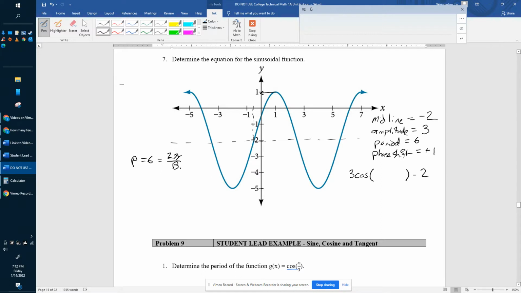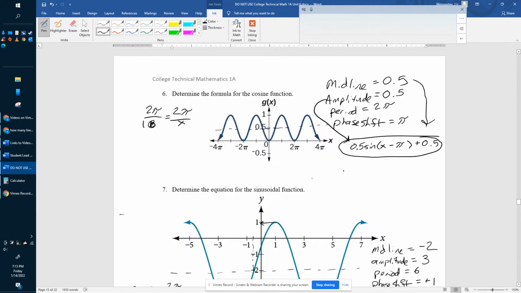Let's solve for b. Multiply both sides by b. Get 6b equals 2 pi. Divide both sides by 6. We get b equals 2 pi over 6, which is the same thing as pi over 3. So the thing we're multiplying x by is pi over 3.